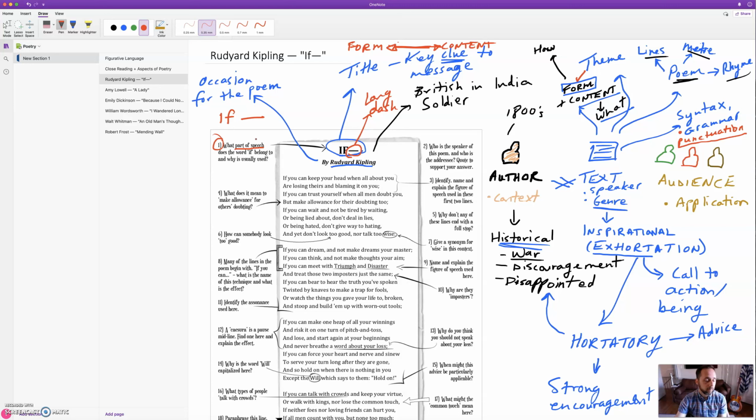Well, what's a part of speech? What are some examples of parts of speech? Well, we have verbs, we have nouns, we have adjectives, we have articles and prepositions.